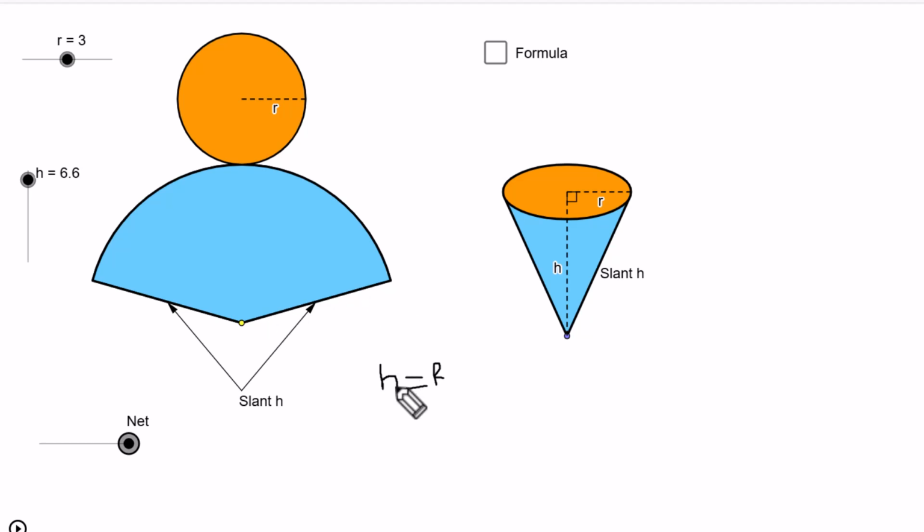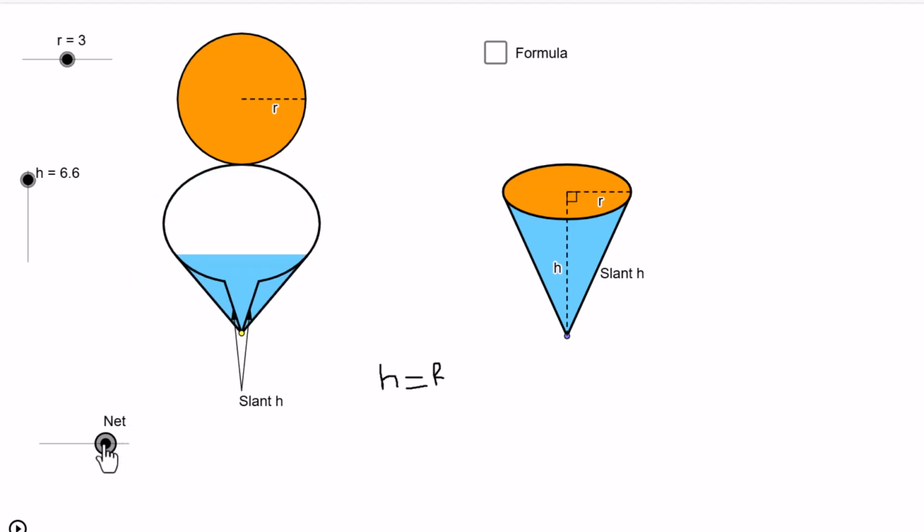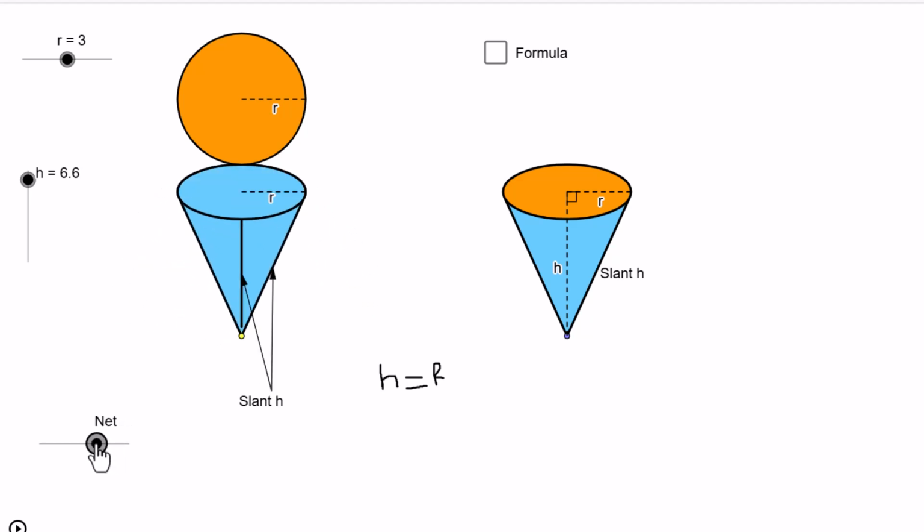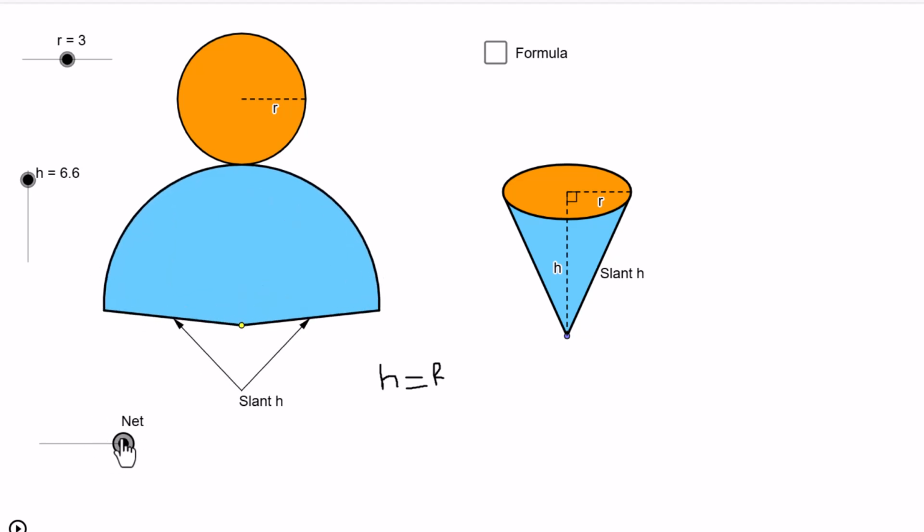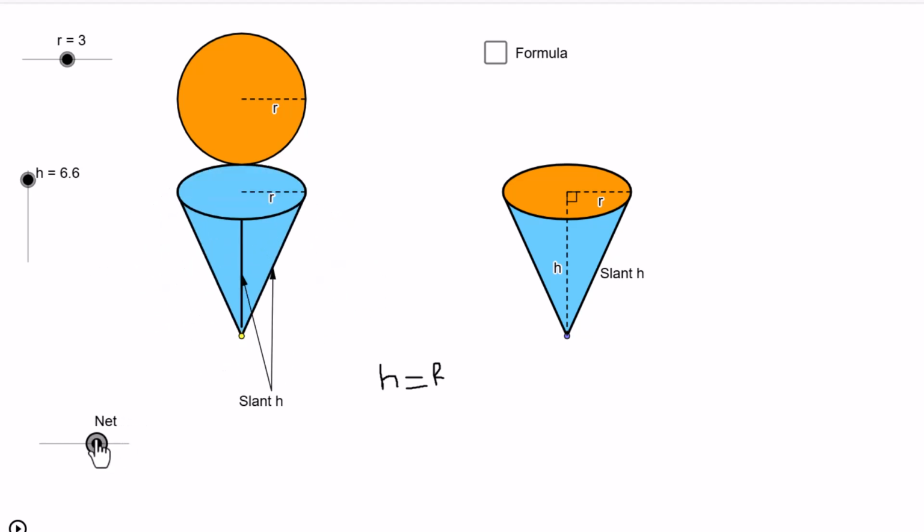So slant height of cone equals radius of sector. This is the first principle you must understand when a sector is being folded into a cone. You can see how the slant height has become the radius of the sector. This is one thing you must not forget about this kind of question.